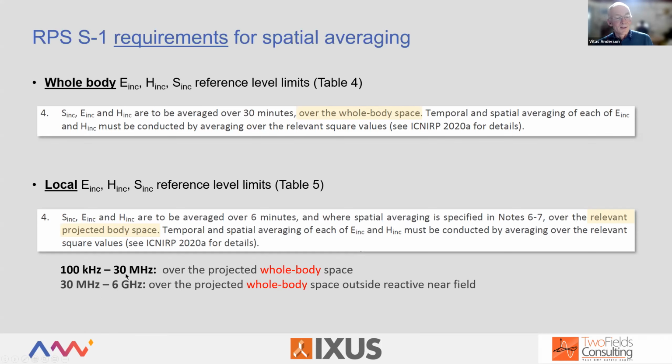So from 100 kilohertz to 30 megahertz, the projected body space is the whole body space, and likewise from 30 megahertz to 6 gigahertz outside of the reactive near field. Now, the reactive near field is really so close to the antenna, a matter of centimeters, that essentially it's requiring you to do whole body averaging really over pretty much everywhere around an antenna in that frequency range, 30 megahertz to 6 gigahertz.